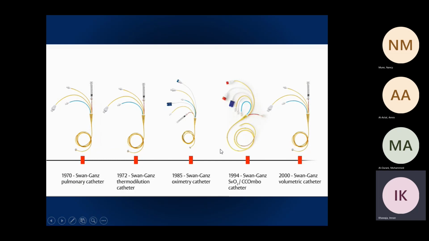Now there is the option of continuous oximetry, so instead of intermittent sampling of mixed venous blood, you have continuous oximetric measurement displayed on the screen. There are also newer, volumetric Swan-Ganz catheters that measure right ventricular ejection fraction, giving you more information beyond the original hemodynamic data.